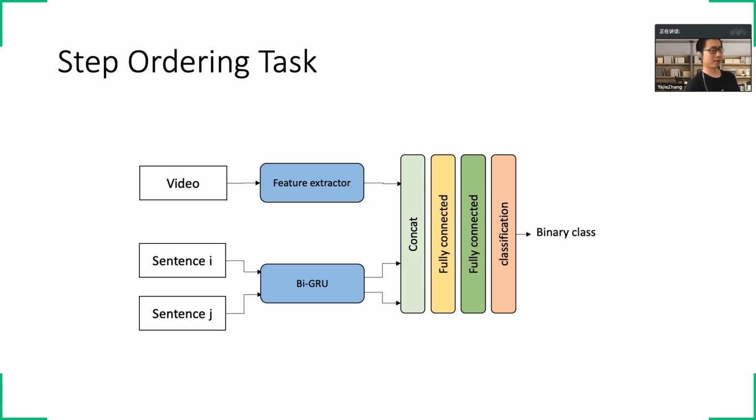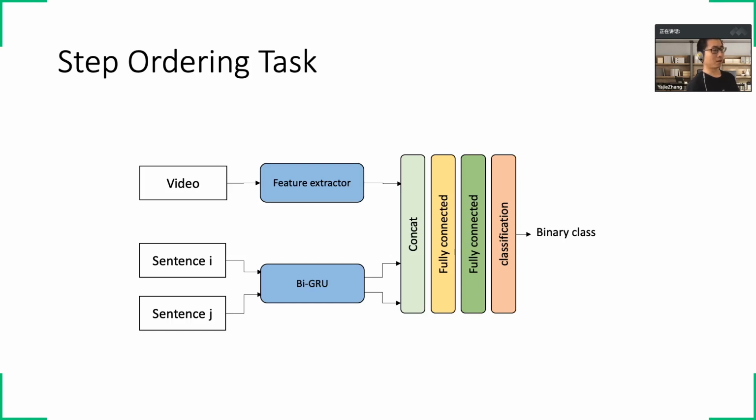We formulate this task as a pairwise task, and our model is used to predict whether sentence I is before or after sentence J. Our model takes a video and two sentences as input. After extracting the features, we concat them and then feed them into a binary classifier. The predicted binary class indicates whether sentence I is before or after sentence J.